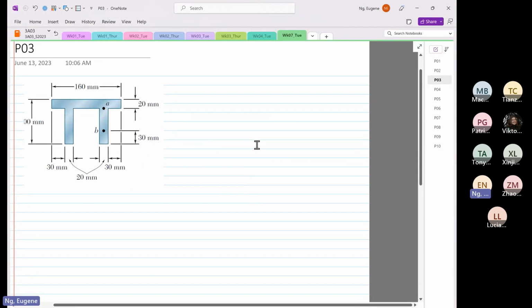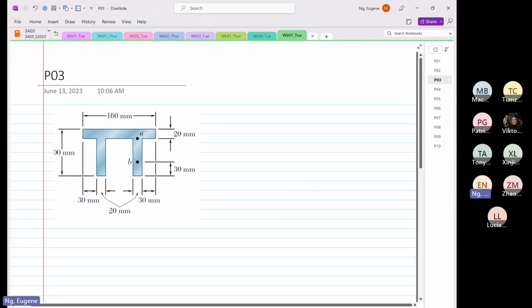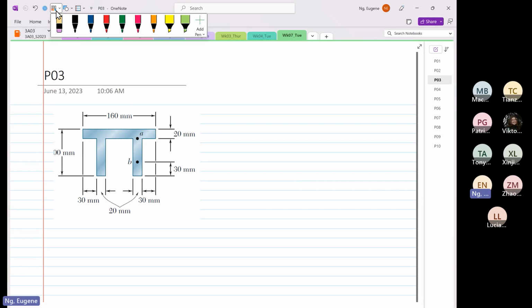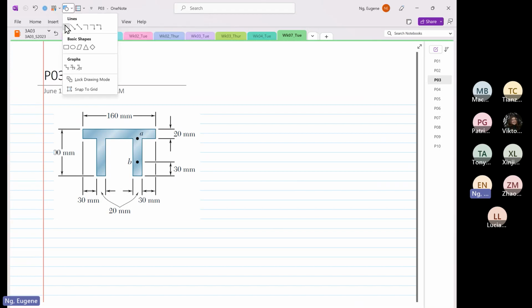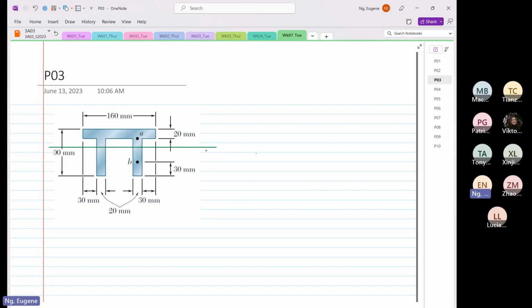So for example, if we want to find, I'll draw for you where the geometric centroid is first. So this is our geometric centroid, and this corresponds to our datum.